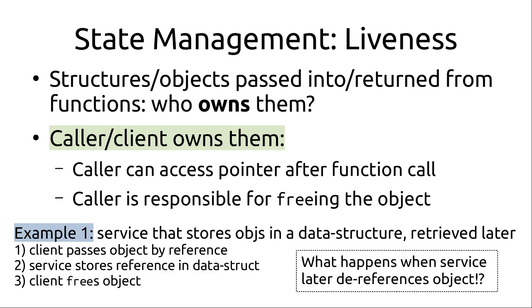And if it can freely free the object, then that object's memory is no longer valid. So what happens when within the data structure we dereference it and start accessing it, right? This is real bad. Faults can happen in this case, right? So if you need to store a reference to some sort of a pointer, then it doesn't usually make sense for the caller to be the one that owns it.